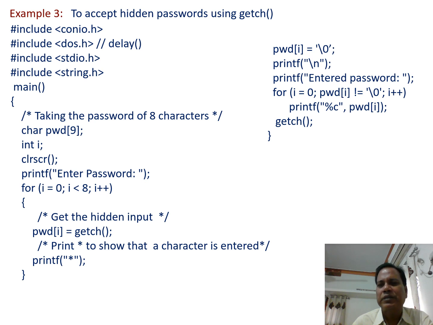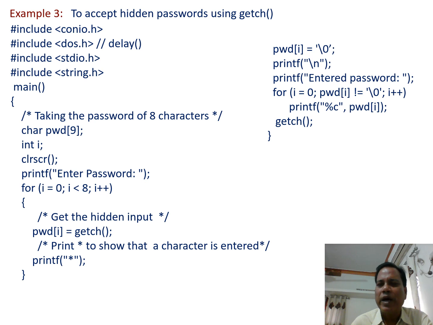This statement just brings the cursor to the beginning of the next line, where, using the printf function, "Enter password:" is printed on the output screen, and after the colon we display the password. So again, the 8 characters in the password are displayed using a for loop.